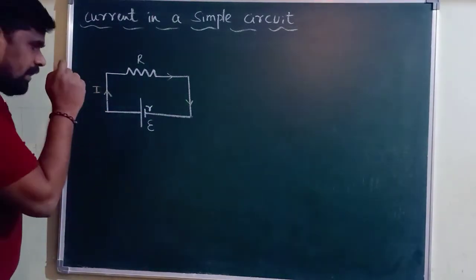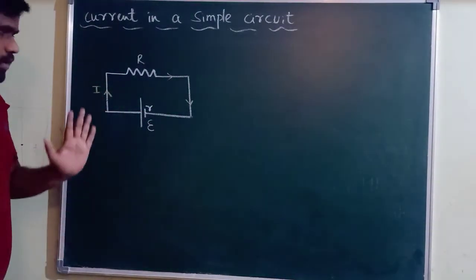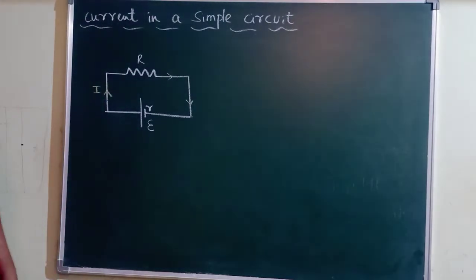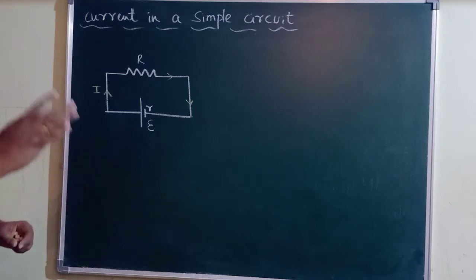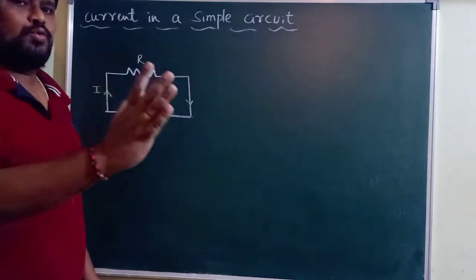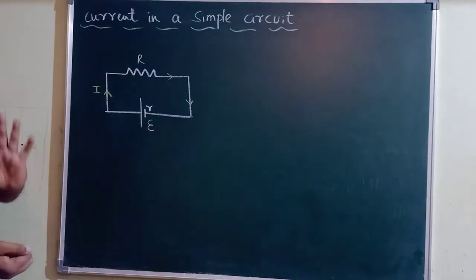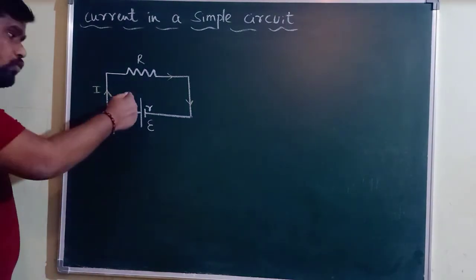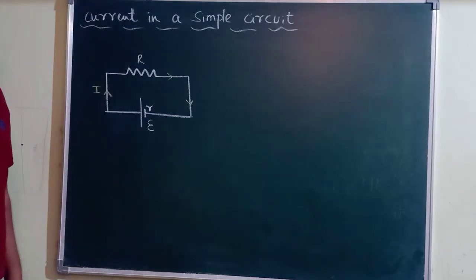The total energy supplied by the cell is utilized for doing work against two resistances. Are you getting my point? You have to do work in order to overcome the internal resistance.